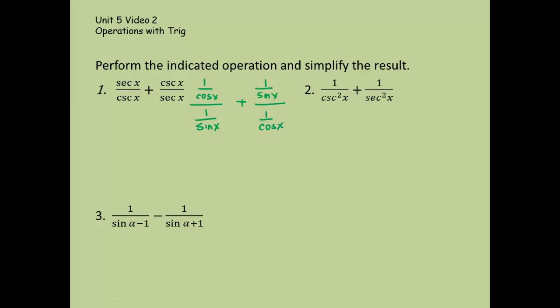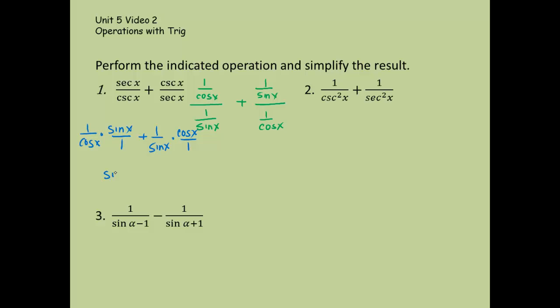So my first step is I'm going to write these, and I'm going to change colors so you can see what's happening. Now I'm going to write them using the reciprocals, which explains what we're doing when dividing by fractions. So I have 1 over the cosine of x times the sine of x over 1 plus 1 over the sine of x times the cosine of x over 1.